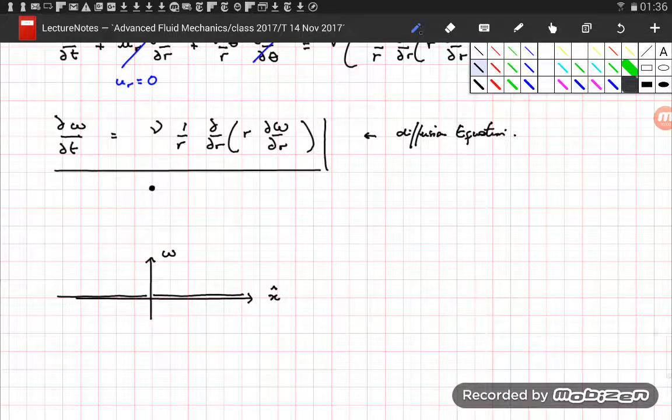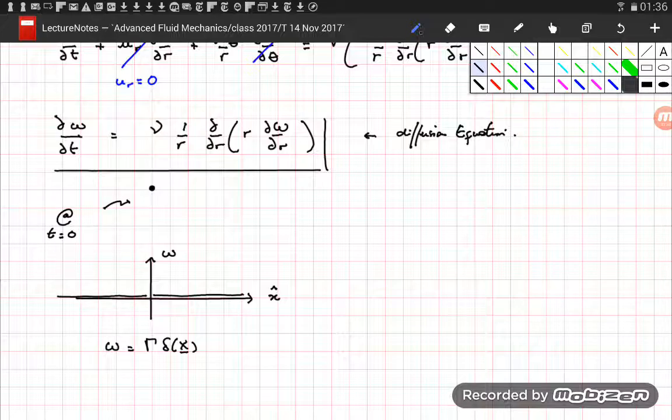This is a delta function. So we can think about the vorticity as really a delta function. And in total, once you integrate, you know that you're going to have gamma, the circulation, amount of vorticity. So this here is at time equals 0.